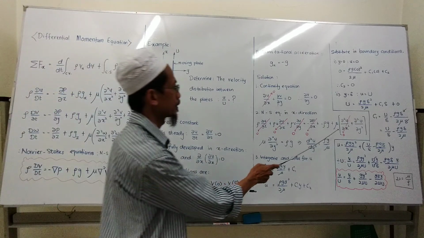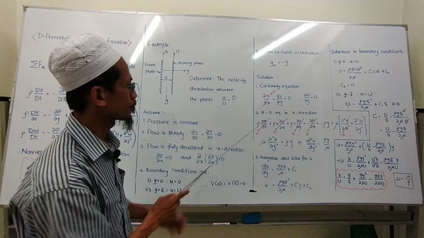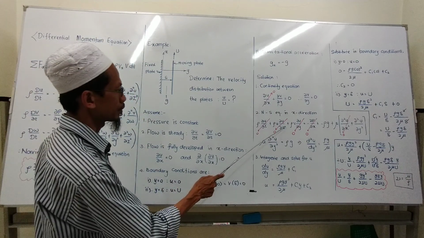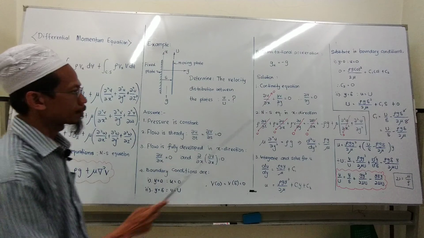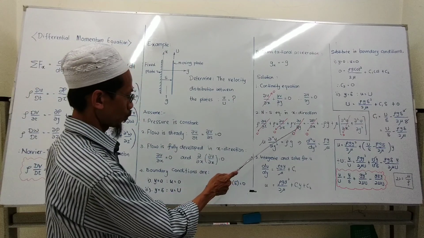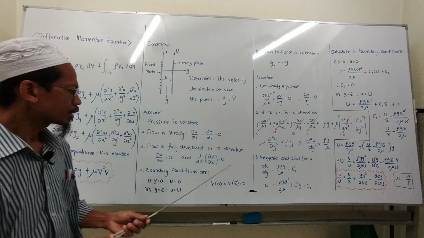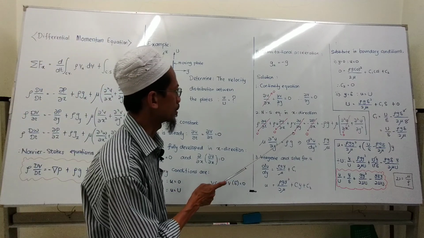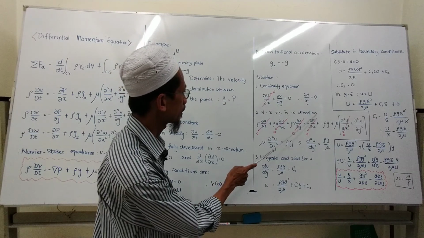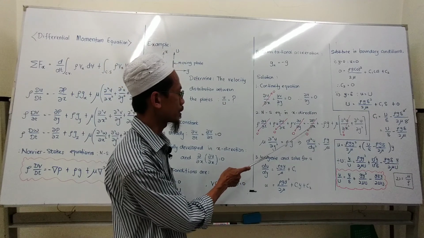Then we substitute: ∂u/∂t equals 0, ∂u/∂x equals 0, ∂u/∂y is also equal to 0, and the pressure drop also equals 0, no pressure drop.